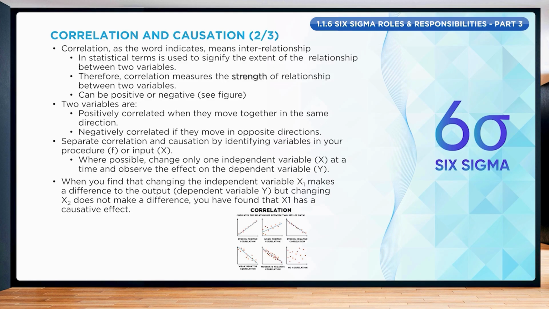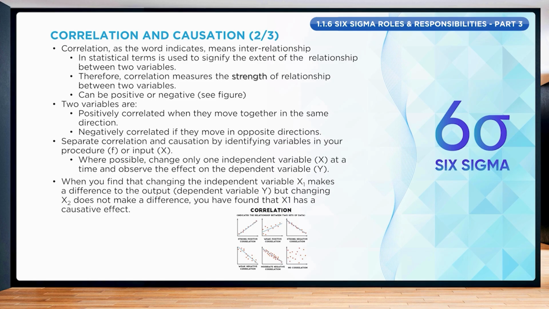For example, if the height of a person increases, then the shoe size also increases. That's a strong positive correlation. We may have a weak positive correlation between two variables, or we may have a strong negative correlation.